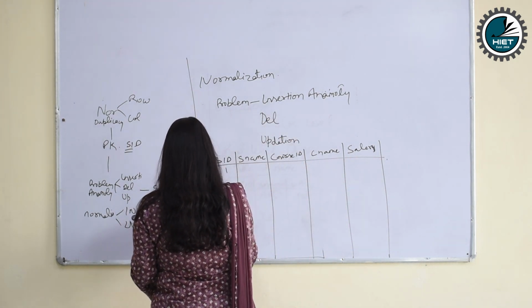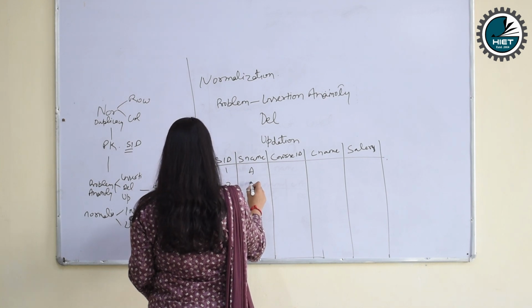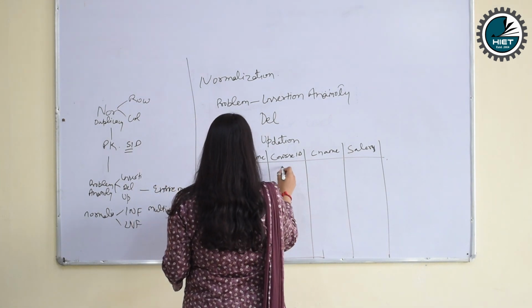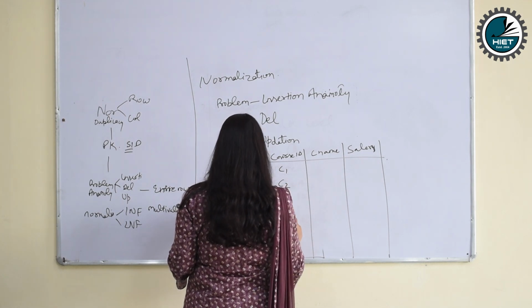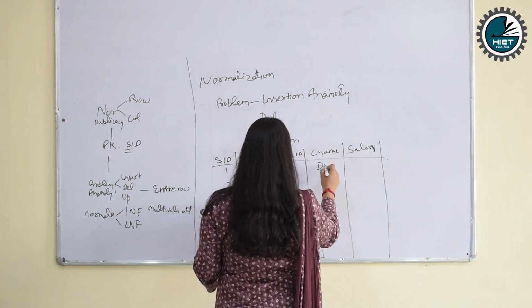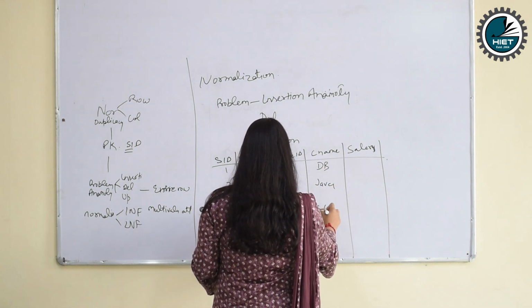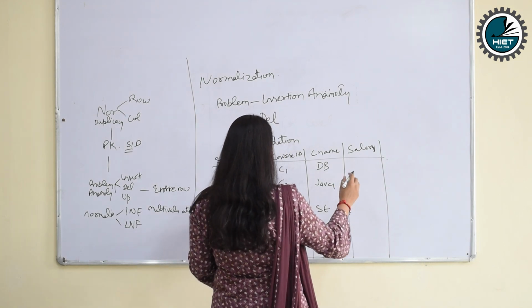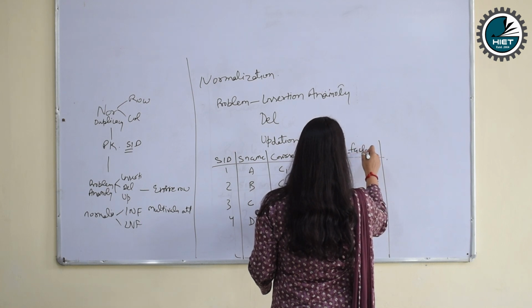Student IDs 1, 2, 3, 4, names A, B, C, D. Course IDs C1, C2, C3, C4. Course names DBMS, Java, Software Engineering, DS.